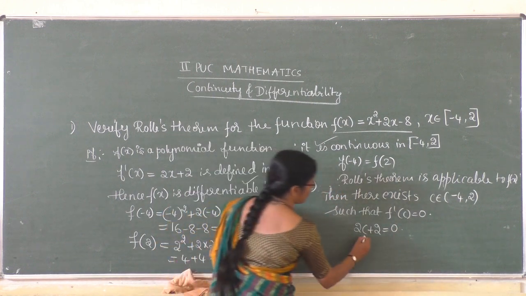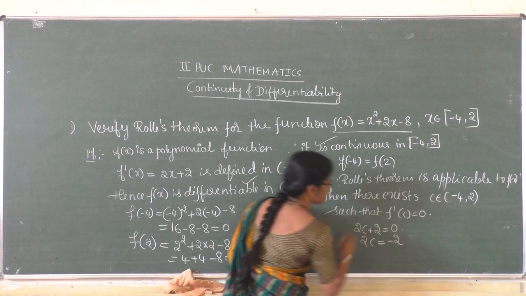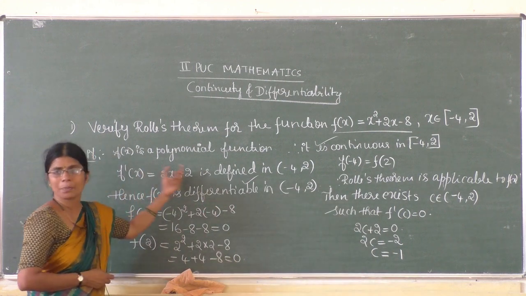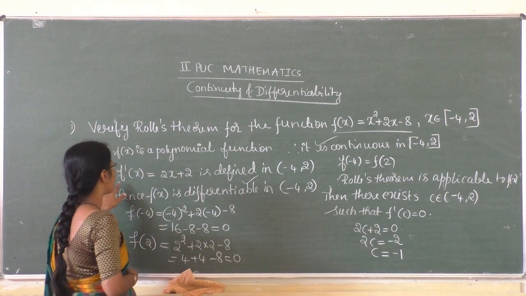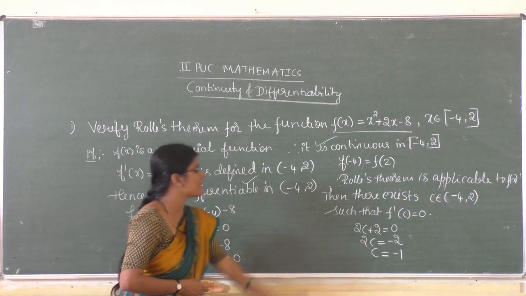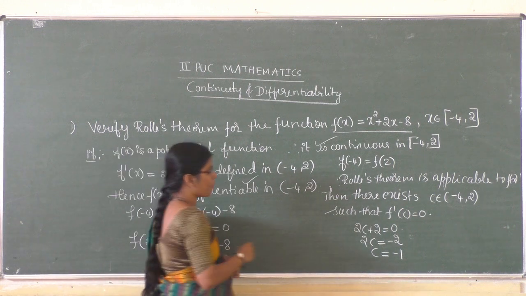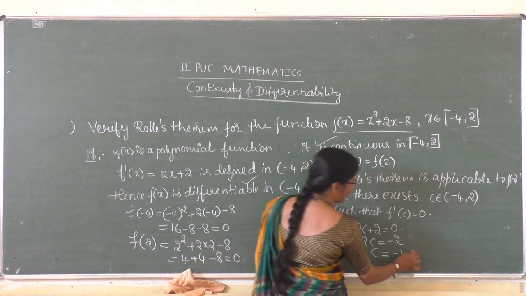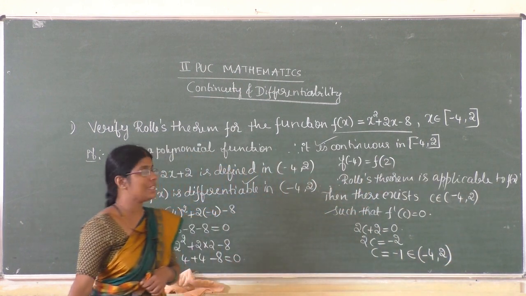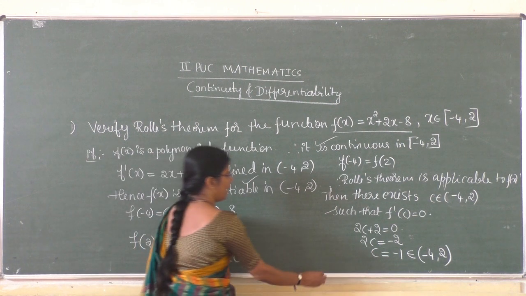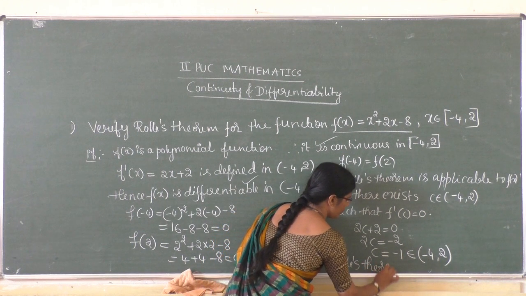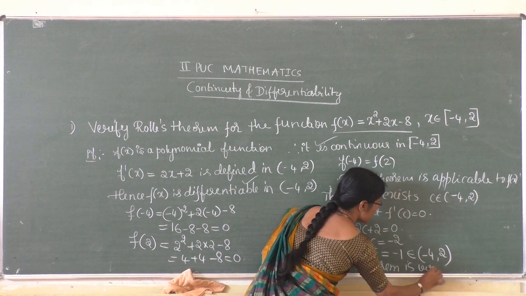See, f dash of x is 2x plus 2, but we have to take f dash of C, so in the place of x we take C. 2C plus 2 equal to 0, so 2C is equal to minus 2, C is equal to minus 1, which belongs to the open interval minus 4 comma 2. Therefore, Rolle's theorem is verified.